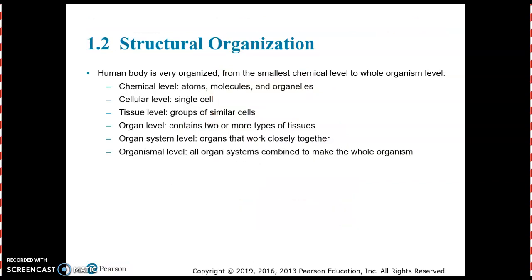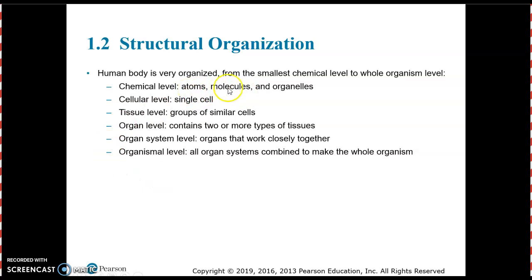Now in section 1.2, you just need to learn the levels of organization from the smallest to the entire organism. In biology, we go all the way to the biosphere, but in anatomy, we'll stop with the whole organism, which would be the entire human. So the smallest level of organization will be an atom, like carbon.